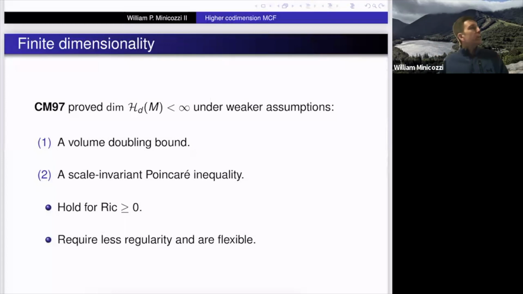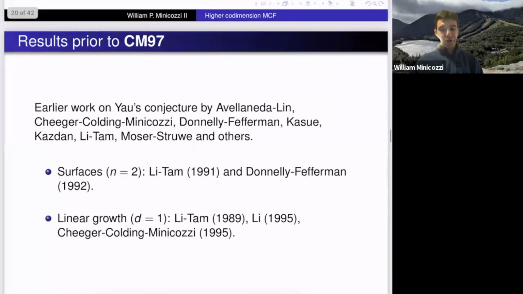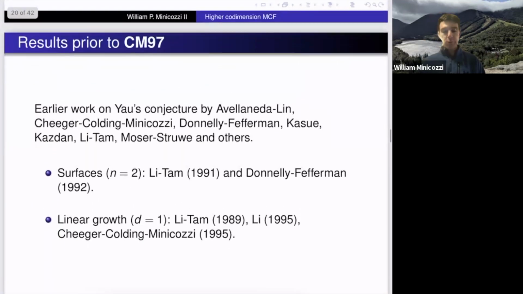The strongest that was known there was a theorem of Moser and Struwe. They proved that it was true if you also assumed that it was periodic, so if the metric came from the universal cover of a metric on a torus. And I should say that there are a lot of people who proved great results along this line. I'll just flash that there, and maybe keep moving.